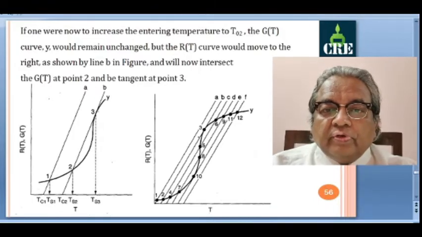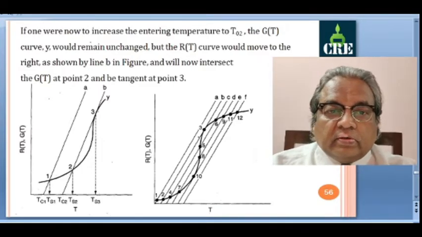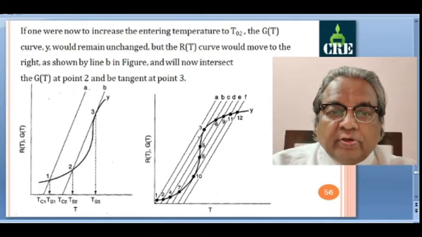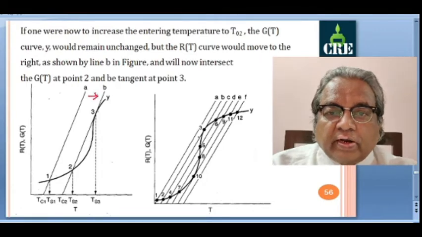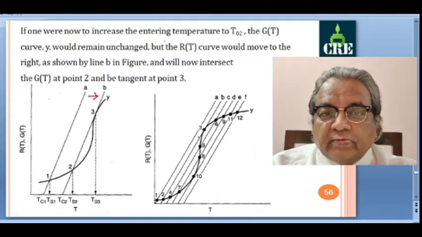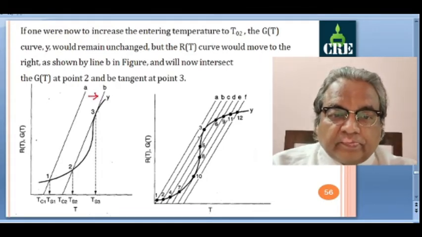Now, if you increase the entering temperature further to T02, let us say, the generation curve remains unchanged, whereas the removal term, so it was here earlier, is moving to its right as you increase the entering temperature.